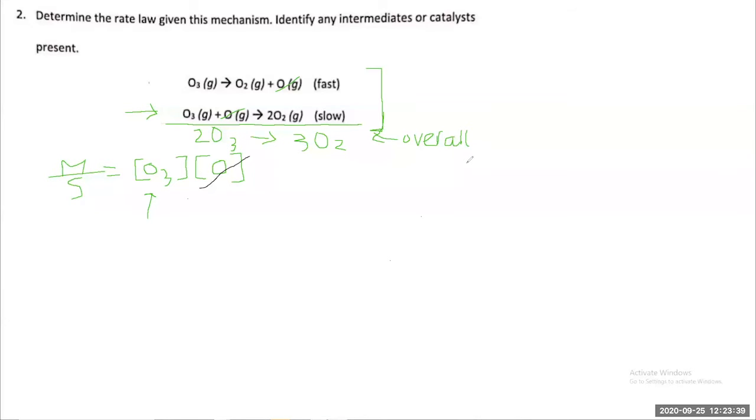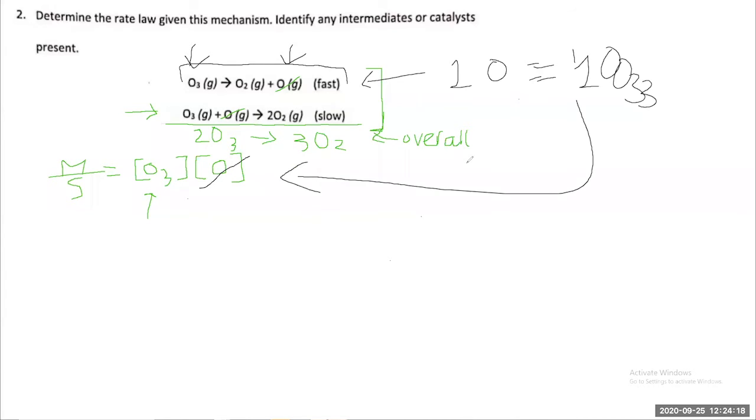We look at the other equations, okay? So we see that 1 mole of oxygen is equal to 1 mole of O3, which is our reactant that we have. So based on this mechanism right here, we can write that 1 oxygen is equal to 1 O3. So all we need to do is plug this into our rate law equation, okay?